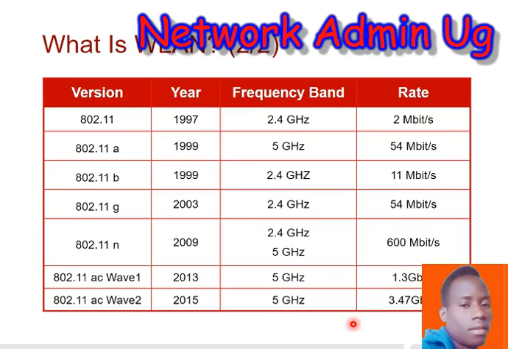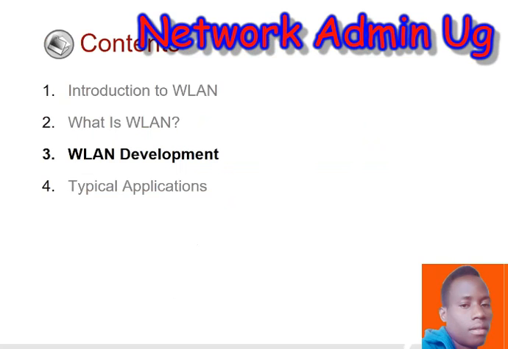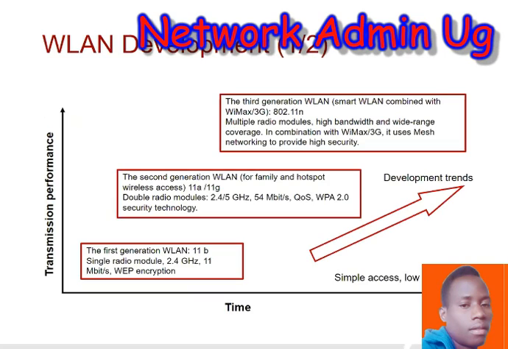We have to look at what we call the development of these standards, and in the development of these standards, we really look at the various stages and the types of the various technologies that are being developed. We have talked about the 11A, the first generation, 11B also coming into play after the 11 flat being created.